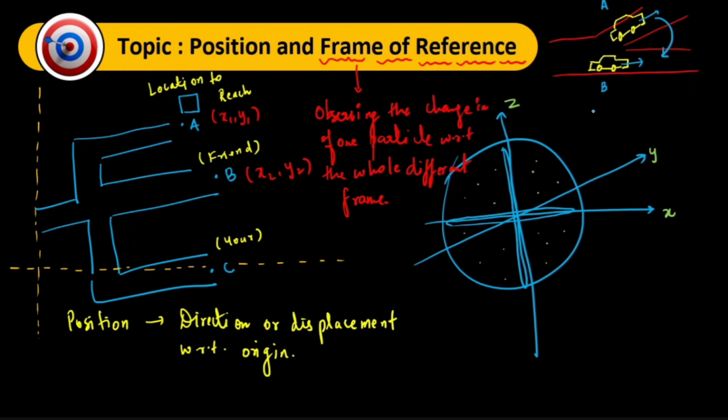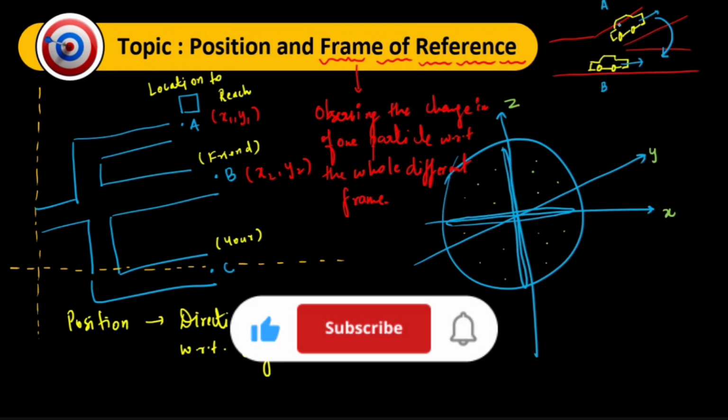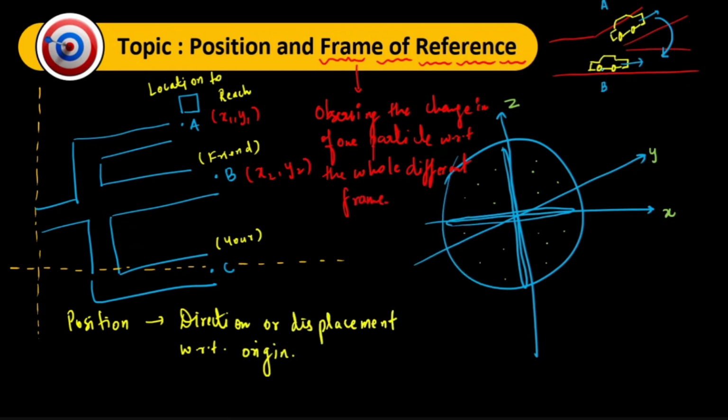In order to understand this, the line along which the person sitting in car A would be observing the motion of the person sitting in car B, aligned as per the motion of these two cars, that line will define the frame of reference. We'll talk about it more later on, so you'll understand it in a better way at that time.